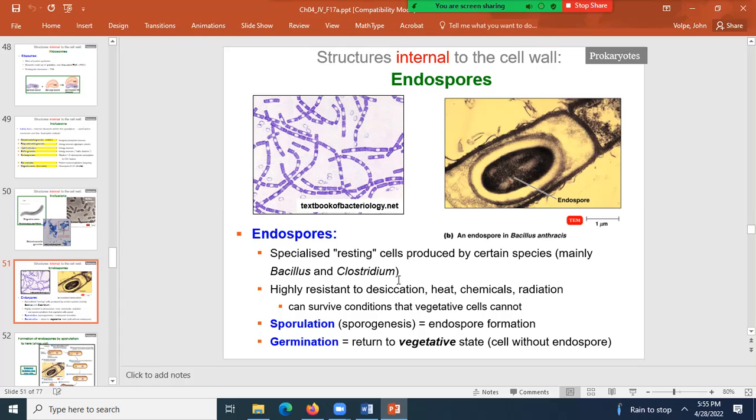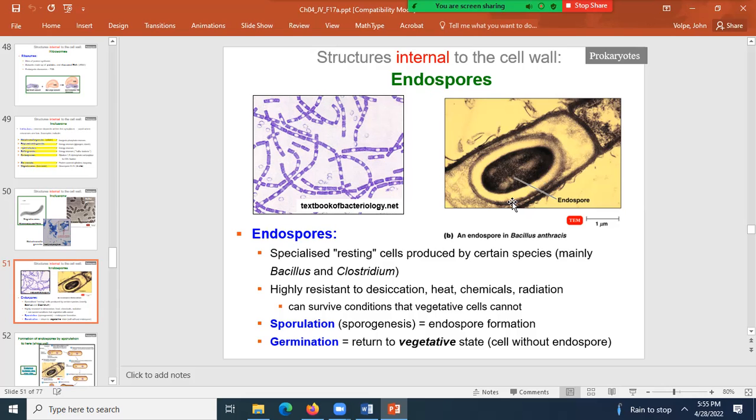These two families can make endospores. An endospore is literally a non-metabolic cell, which is highly resistant to desiccation, heat, chemicals, radiation, almost anything you can throw at it.